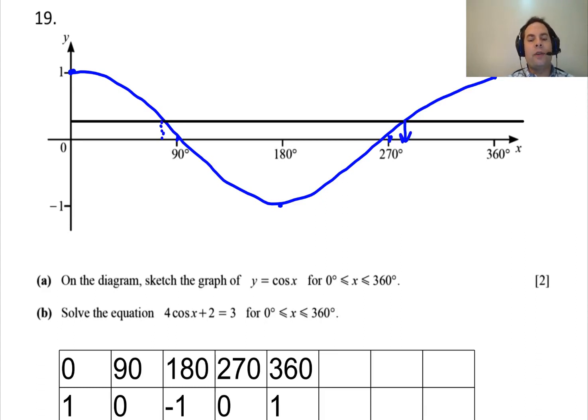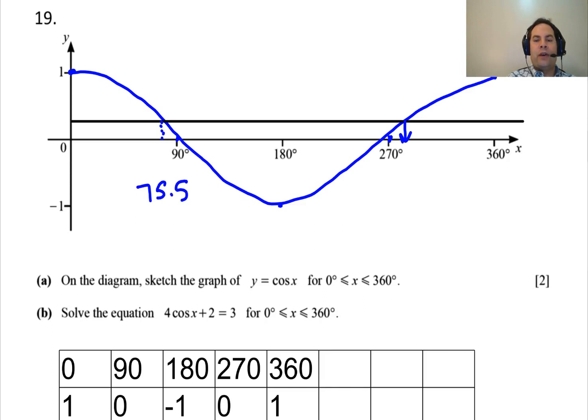To get the first point using the calculator, cosine x is equal to a quarter, shift cosine of 1 over 4, the inverse. The answer is 75.5. How to get the second value?